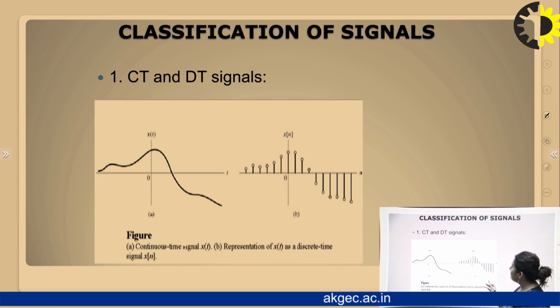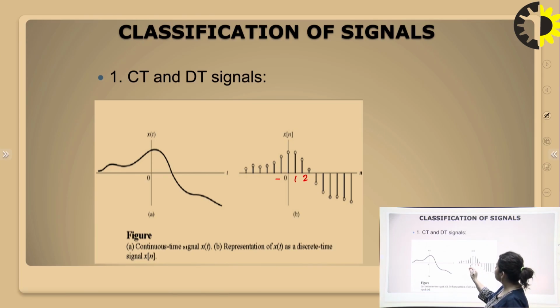In the second part, we can see easily that it will take only some specified values. These specified values are basically integer values. Suppose here the integer values are 1, 2, 3, 4 and so on in the x-axis, and similarly on the negative side it is -1, -2 and so on. So the amplitudes are defined only for the integer values in the case of discrete time signals.